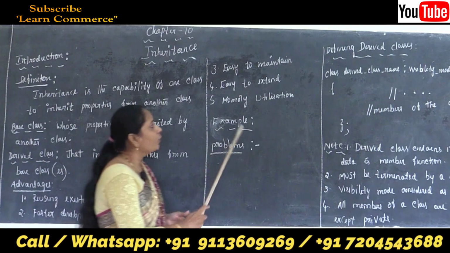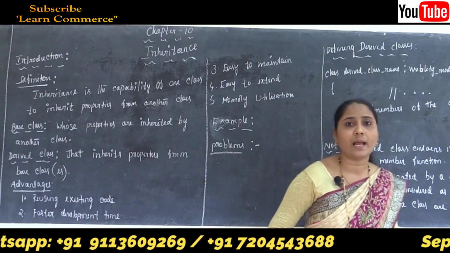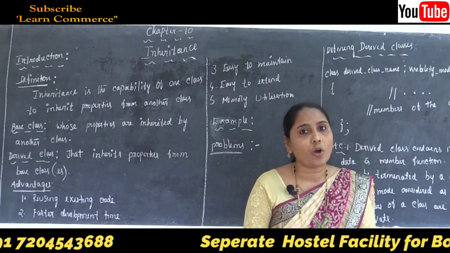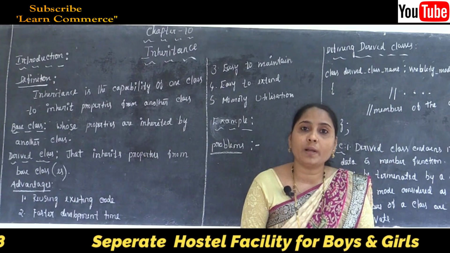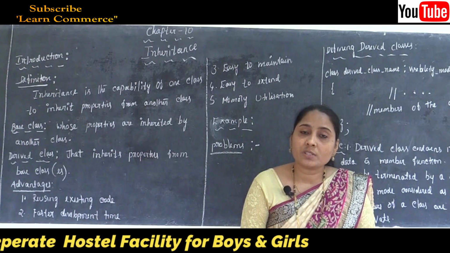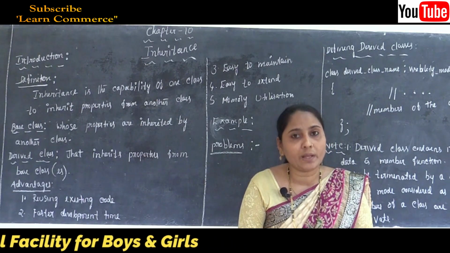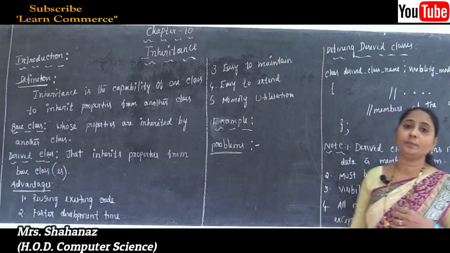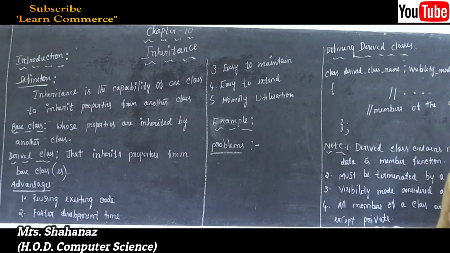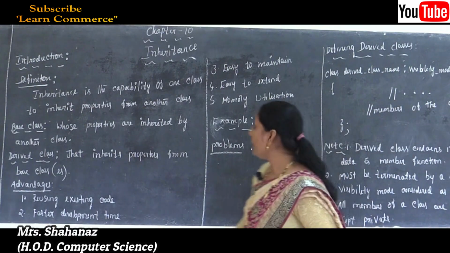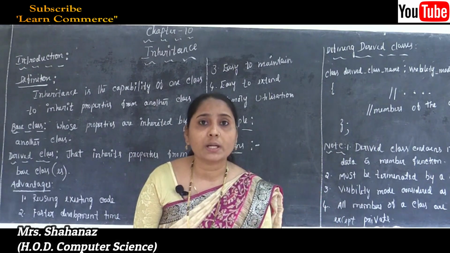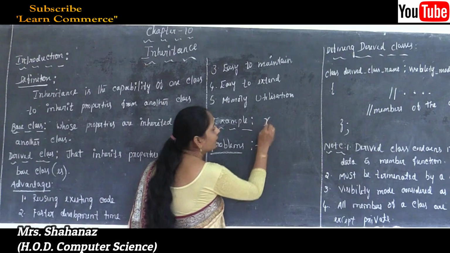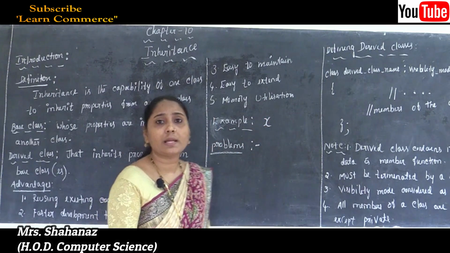Now, to clarify all the advantages I mentioned, let us use one simple example to illustrate the advantages of inheritance. Here I want to use classes. Suppose a class X is there.